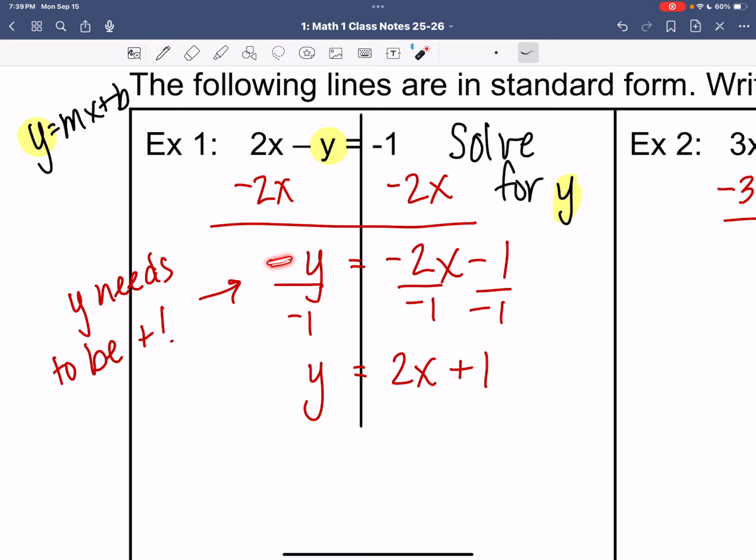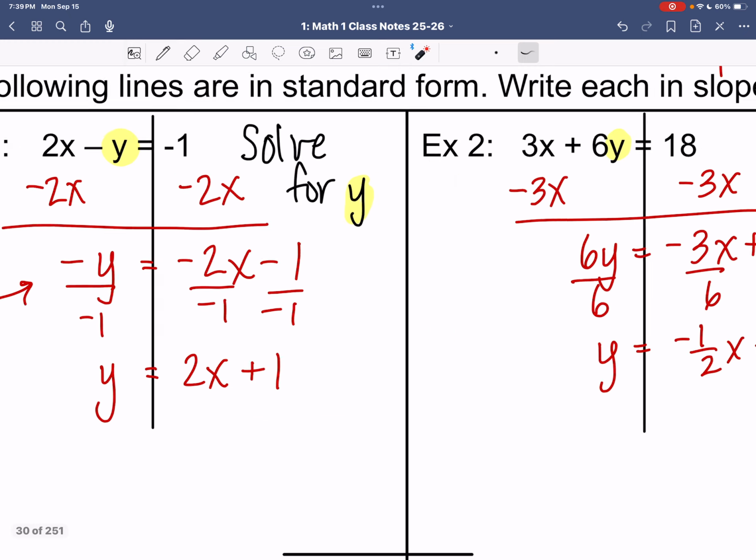If you notice right now, I have a negative y. So to move the negative over to that side, you have to divide each term by negative 1. Now, that's going to make that a positive y, which is what we want. And then your two negatives will make a positive 2x, and your two negatives will make a positive 1. So this is in slope-intercept form.